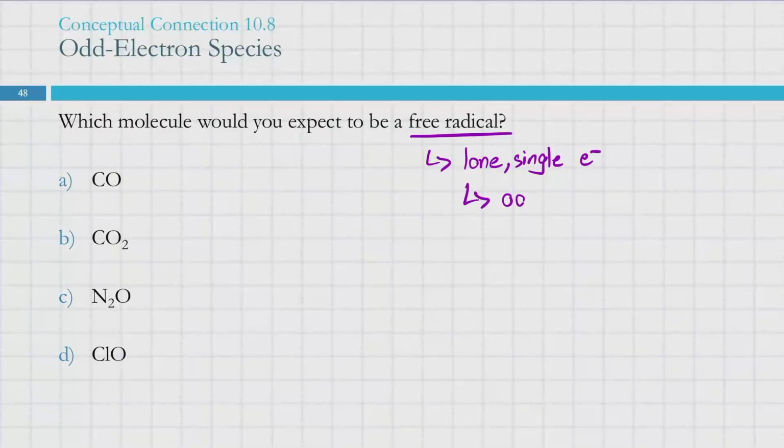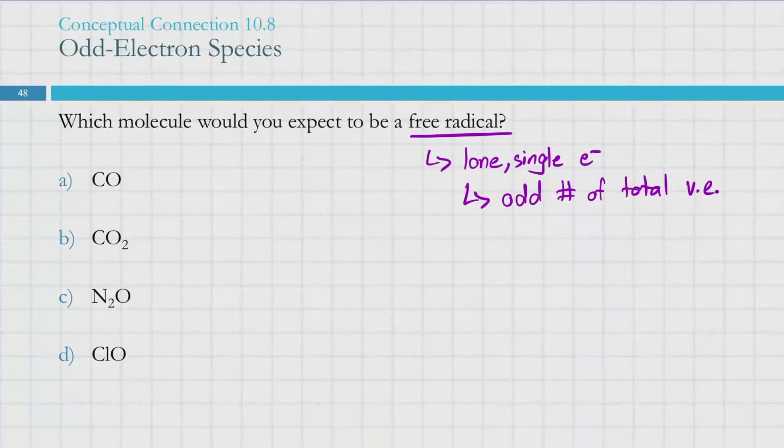That means we've got an odd number of total valence electrons. So if we count up the number of valence electrons, that should show us which of these 4 structures is going to have an odd number of electrons.